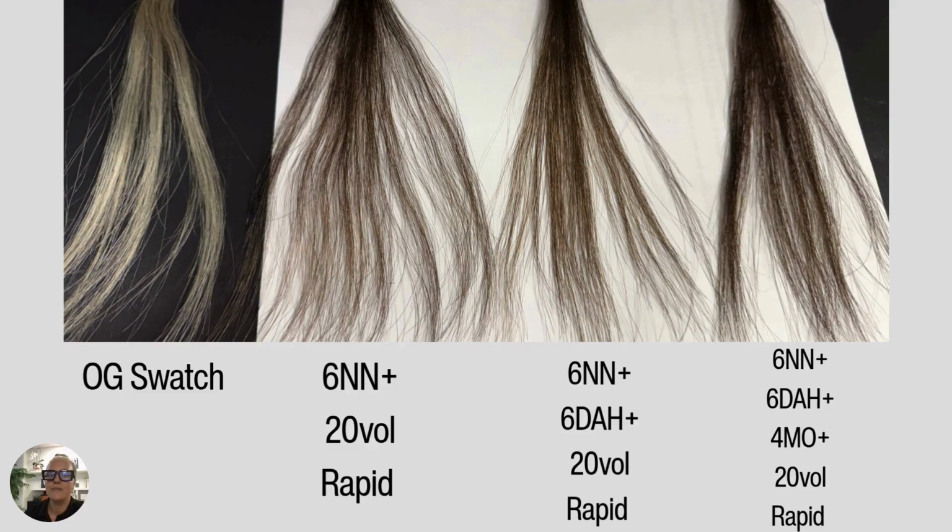So if I'm looking for really rich and full looking color for my client, then I'm going to drop down in my mixed tones, as opposed to dropping down in my NNs or my target shade. So it gives me a little bit more of that richness and depth in a full spectrum type of way.